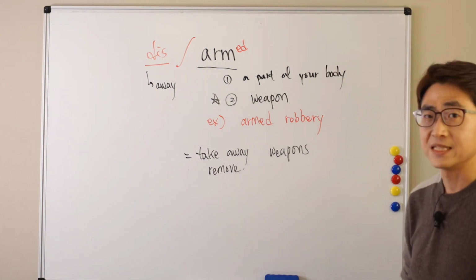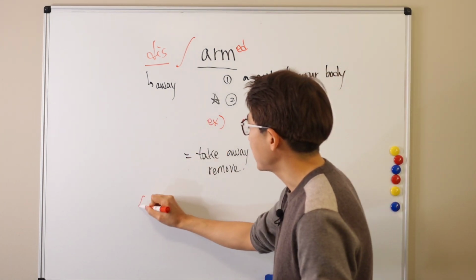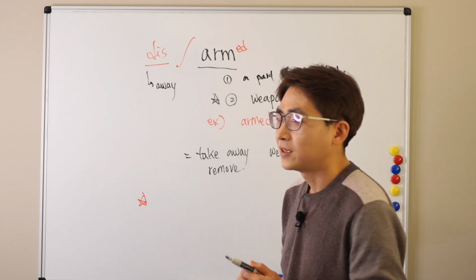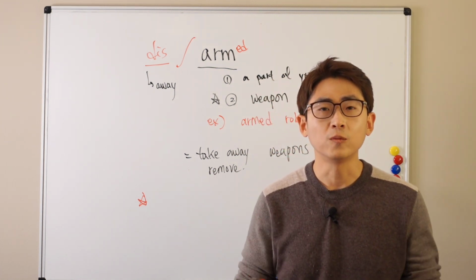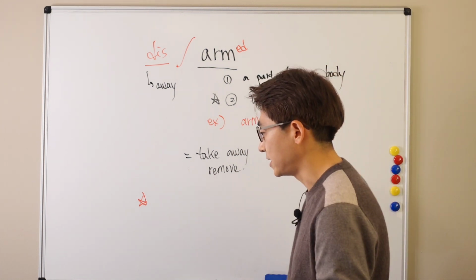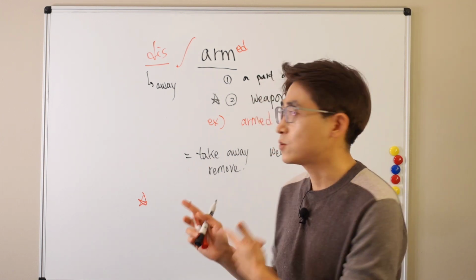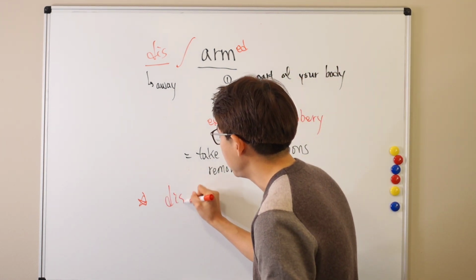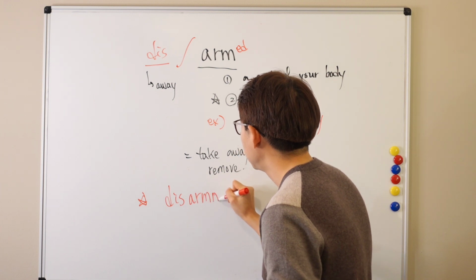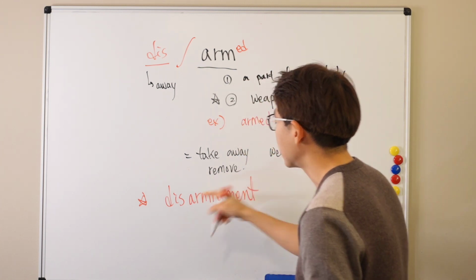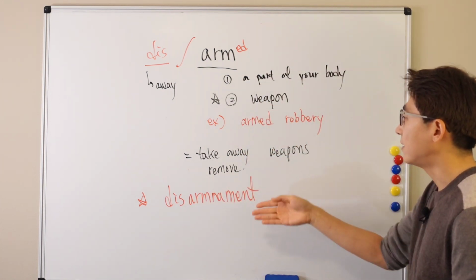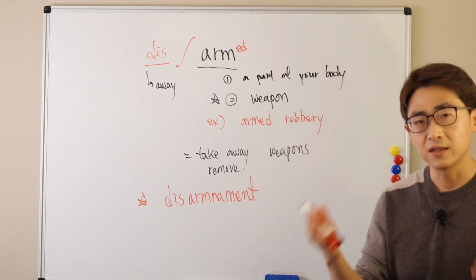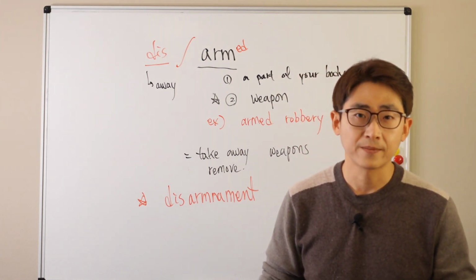That's what disarm means. And this word is especially important when it is concerned with global politics. So the United Nations uses this word a lot, and they usually say disarmament. Disarmament means the act of taking away weapons from a country or a region.